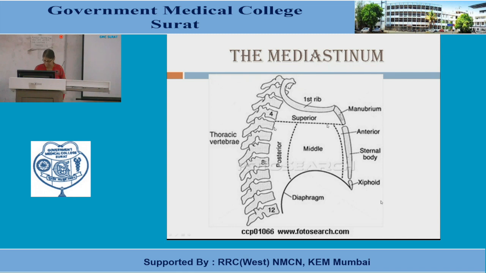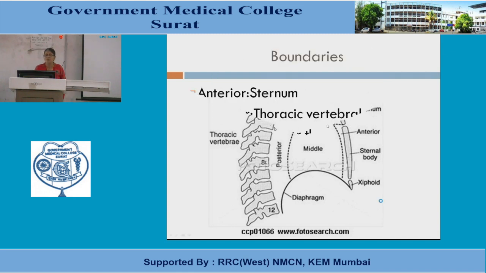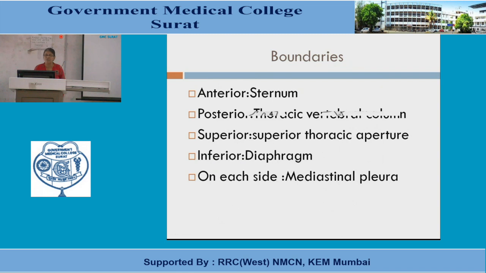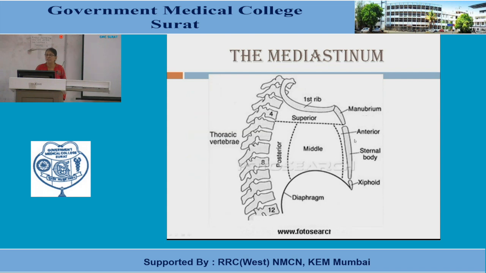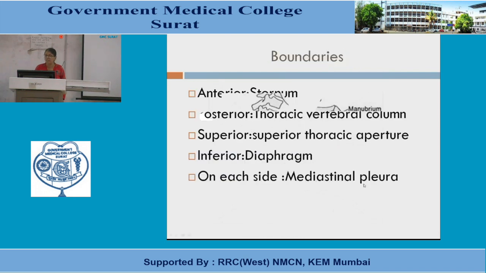So these are the boundaries. Anteriorly we have seen the various parts of the sternum, posteriorly the thoracic vertebral column, 12 thoracic vertebrae with intervertebral discs. Superiorly, the superior thoracic aperture, as you have seen in the diagram. Inferiorly, the diaphragm. On each side, which will not be visible in this mid-sagittal diagram, there is the mediastinal pleura, which covers the mediastinal surface of the lung.